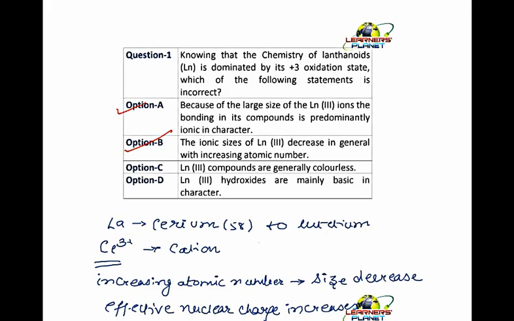Transition elements show color because of the d-d transition of electrons. So this statement is incorrect. Now let's take up the next also. What is our answer now? The answer to this question is C.